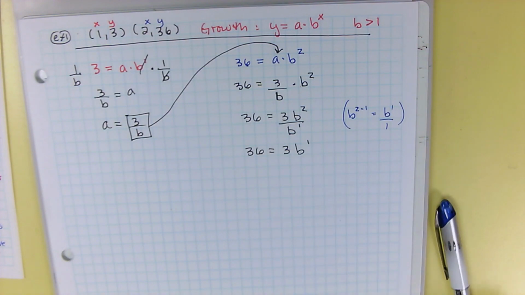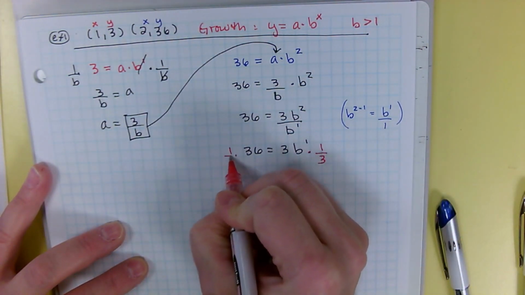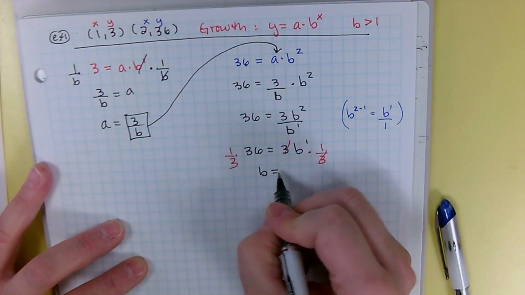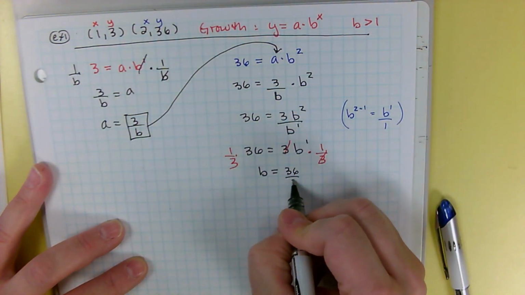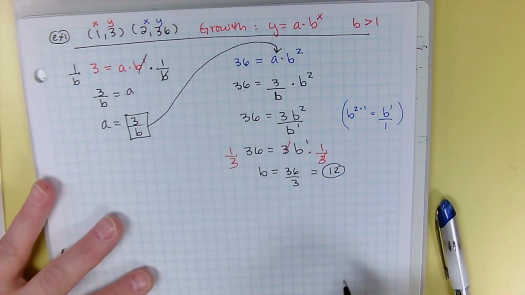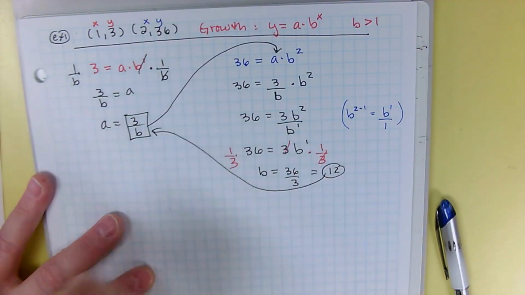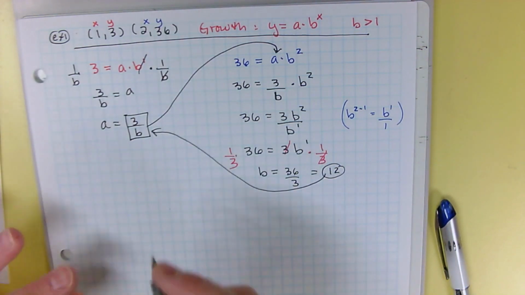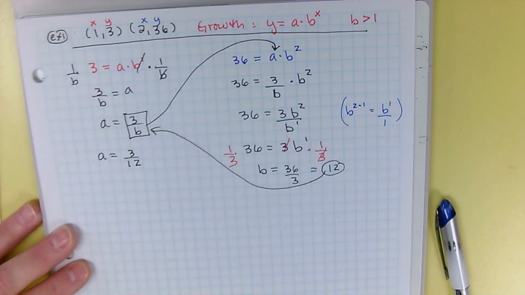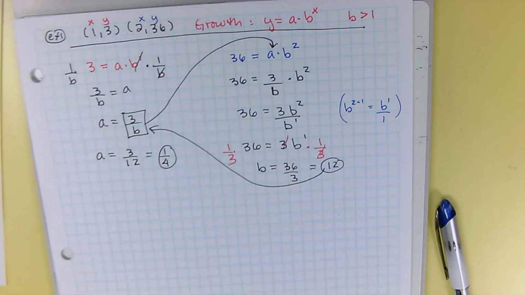Okay, so now that we have a single b, multiply both sides by 1/3 to get the b alone. This is regular solving. So b equals 36 divided by 3, which is 12. Once you have your b value, you go back and you substitute it into the first equation. So a equals 3 over 12, which reduces to 1/4.